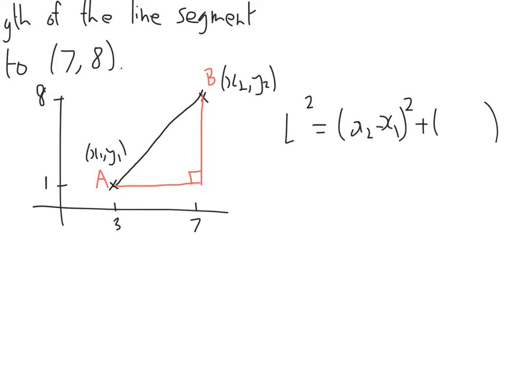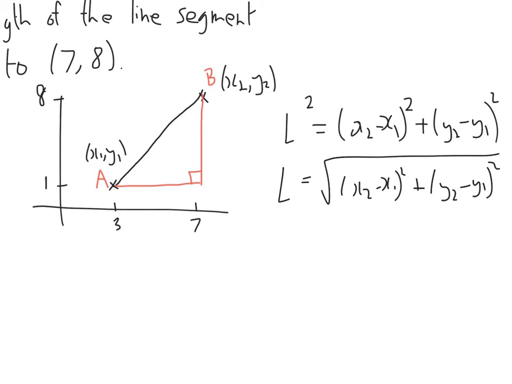The other short side then would be 8 take away 1, which is 7 in this case, or more generally, the second y value minus the first y value. So y2 minus y1 squared. And then the length of that line, when you work that out, x2 minus x1 squared and y2 minus y1 squared, you square root that.